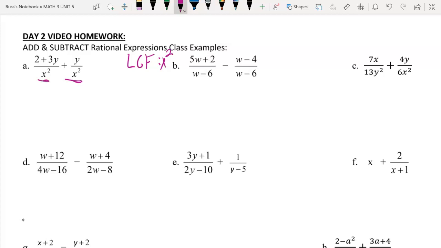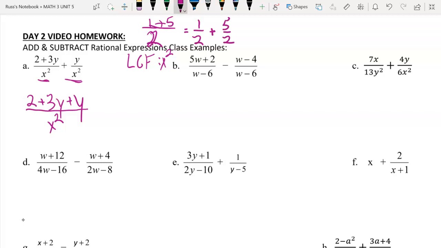If the denominator is the same, then it can all be written over the same thing. It's like we talked about earlier in the semester, when we did inverses. If you do 1 plus 5 over 2, you can write it as 1 over 2 plus 5 over 2.